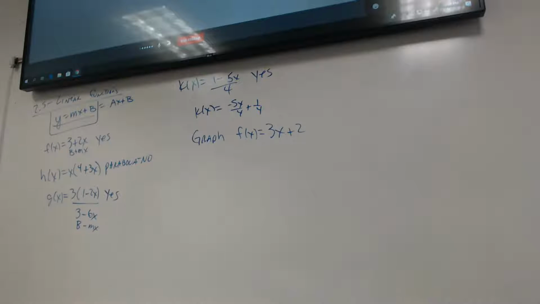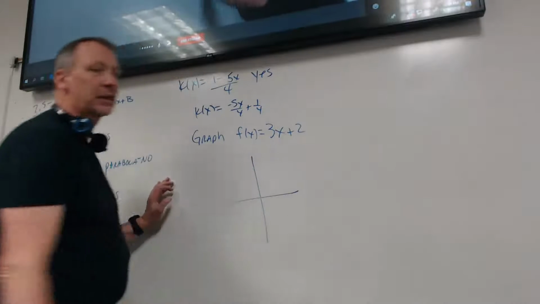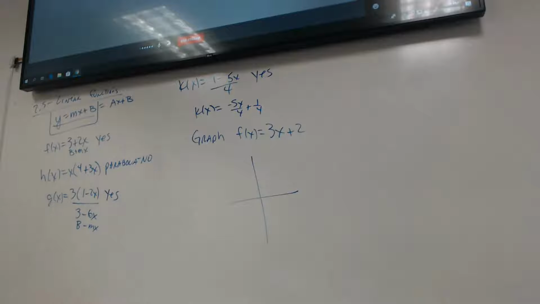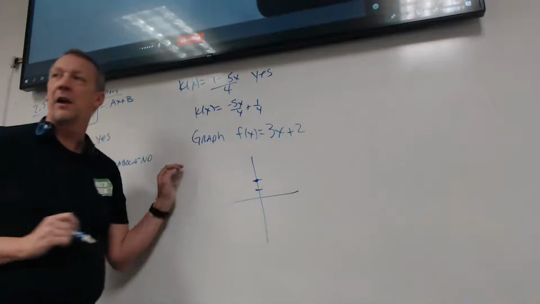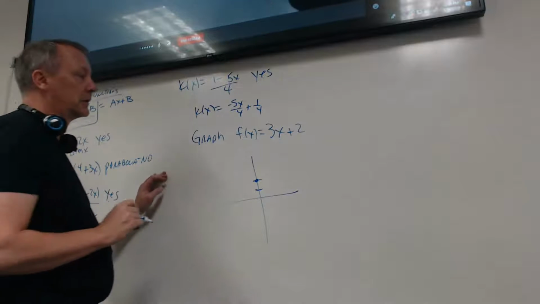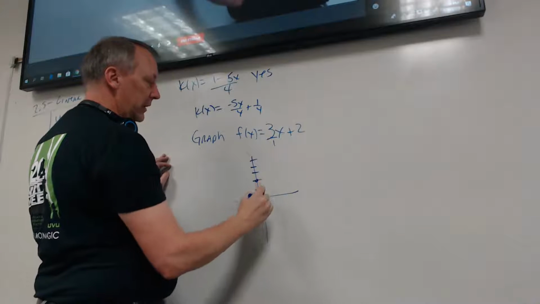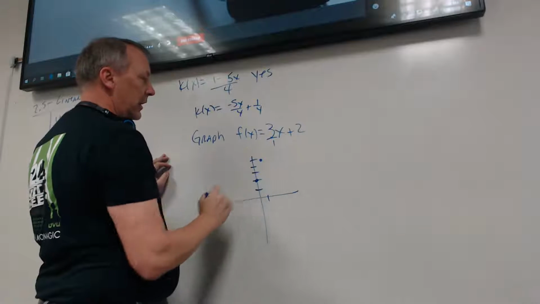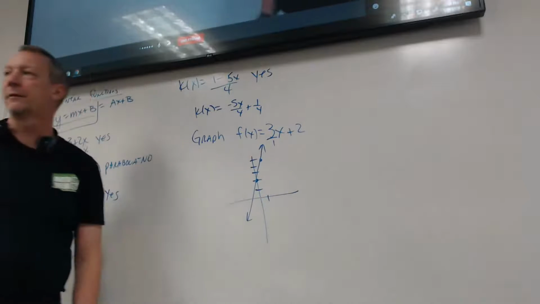What would that look like? Drop here, dot there, right? Yeah, and then it would go up 3 over 1. Rise 3, because of your slope, 3 over 1. Run 1, and you would draw it just like that. Okay?